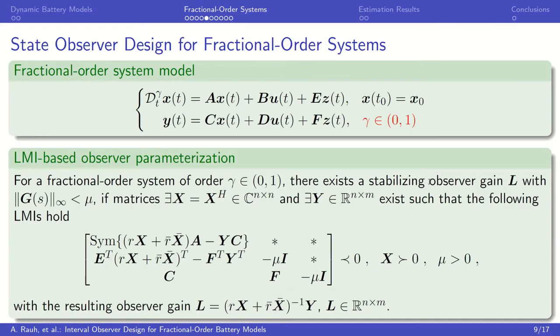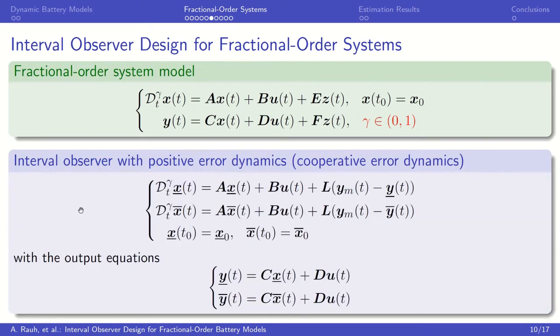For that purpose, we can employ the previous LMI condition in such a way that we try to find an observer parameterization, like you can see it here in the lower part of the slide, in such a way that X is a Hermitian positive definite matrix and mu, as before, specifies the maximum H-infinity gain of this expression.